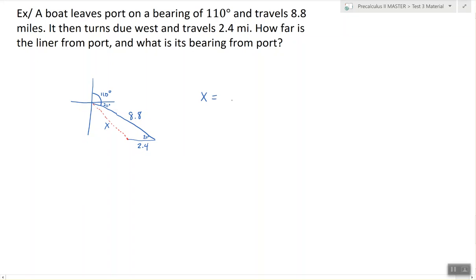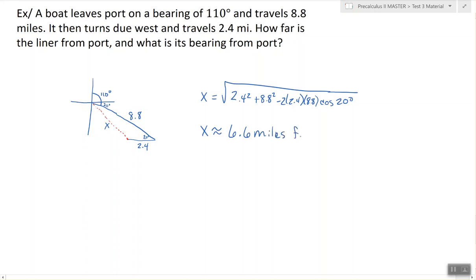My x is going to be the square root of 2.4 squared plus 8.8 squared minus 2 times 2.4 times 8.8 times the cosine of 20 degrees. Once you punch that into your calculator, it comes up as about 6.6 miles from the port.